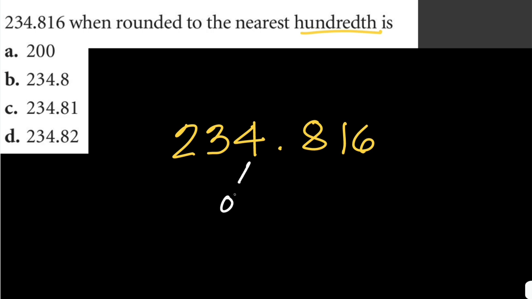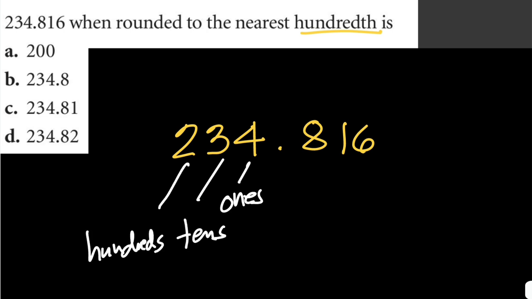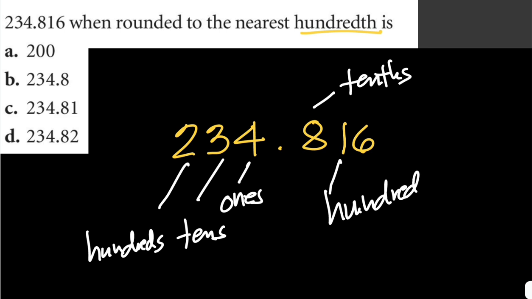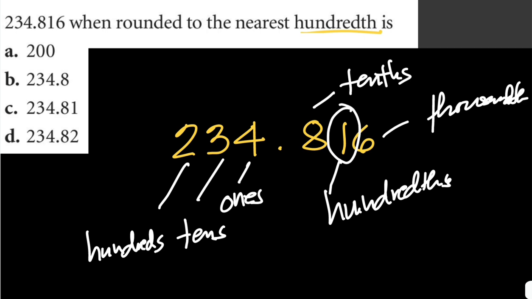So 4 here is in the ones place, 3 tens, this one hundreds, then tenths, this one is hundredths, and this one is thousandths. And we are asked to round this number off to the nearest hundredth. So we truncate or cut short the number up to the hundredths place.